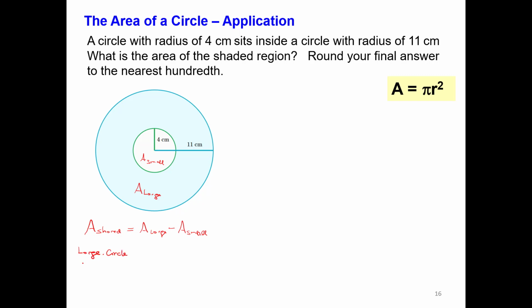For the large circle, we know the radius is equal to 11 centimeters. Let me write this better. And for the small circle, the radius equals 4 centimeters.